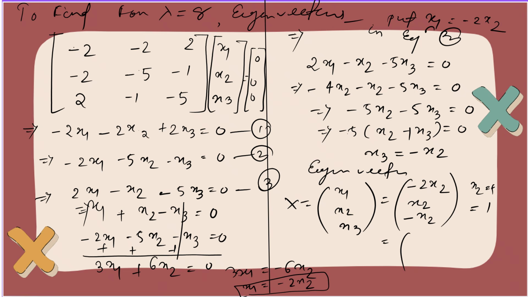So the final solution is minus 2k, k, minus k. So the eigenvector is minus 2, 1, minus 1. So this is the final solution. So for this matrix, for lambda equal to 8, one eigenvector is here, and for lambda equal to 2, two eigenvectors are available. So in this manner, you have to find eigenvalues and eigenvectors.